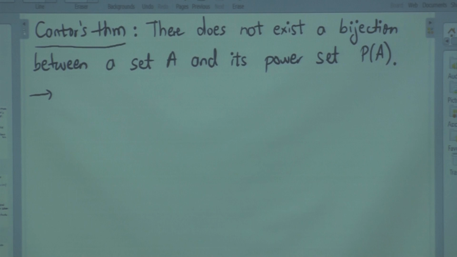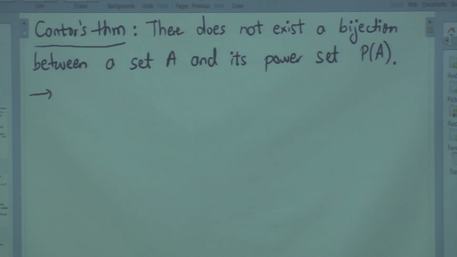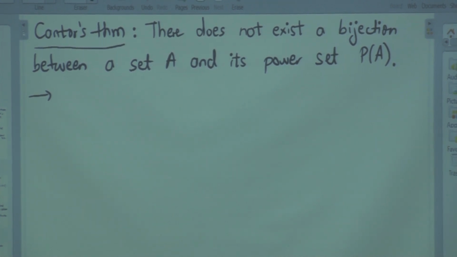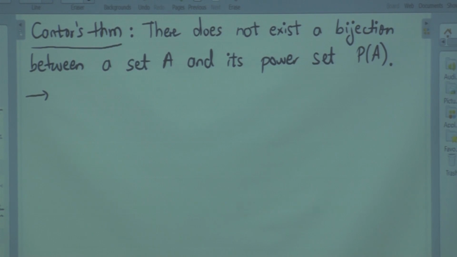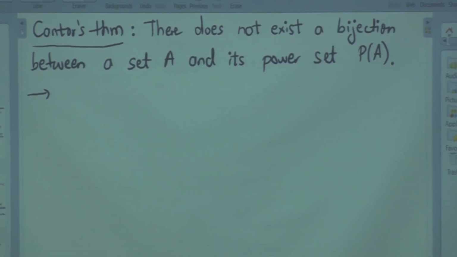Does anybody want to try and prove this statement? Any ideas? Just throw ideas at me. Yeah, we have to learn how to think. Power set is bigger, but in what sense?